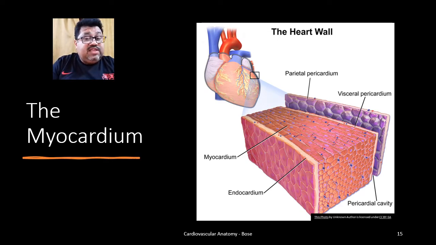Therefore, if these cells die from a lack of blood supply, which is called infarction, or if these cells undergo weakening due to a pathological process called cardiomyopathy, then the heart muscle's ability to contract is significantly reduced and may not be able to be strengthened back by any significant means.